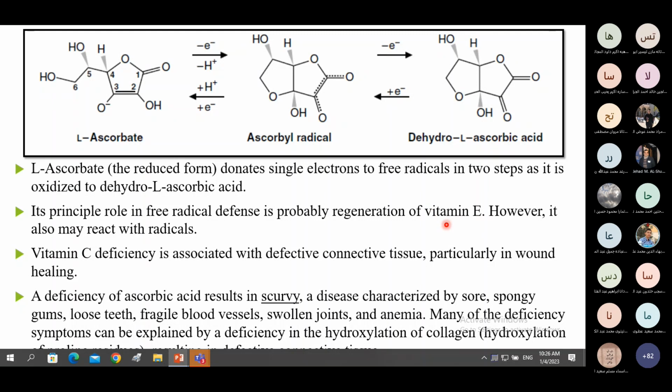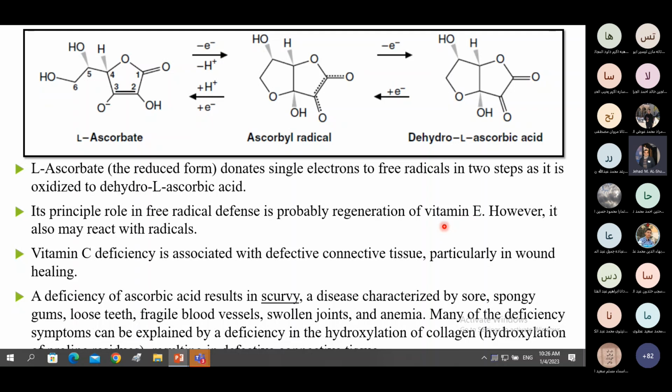Now, which one is more important for fighting a free radical? Is it vitamin E or vitamin C? Vitamin E is more important than vitamin C, or more efficient as a free radical fighter. Why? Because vitamin E is lipid soluble.